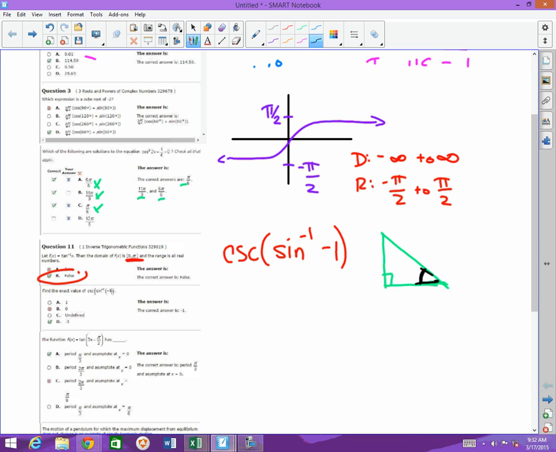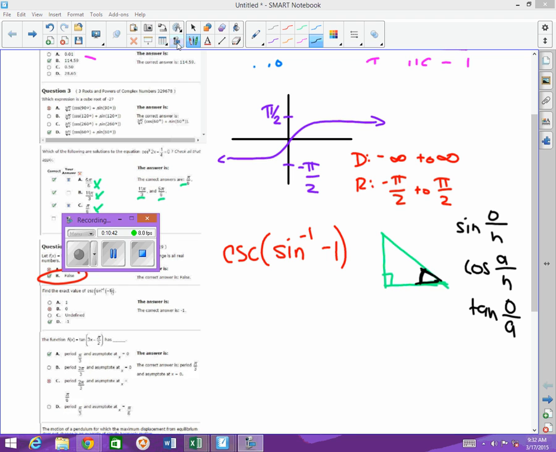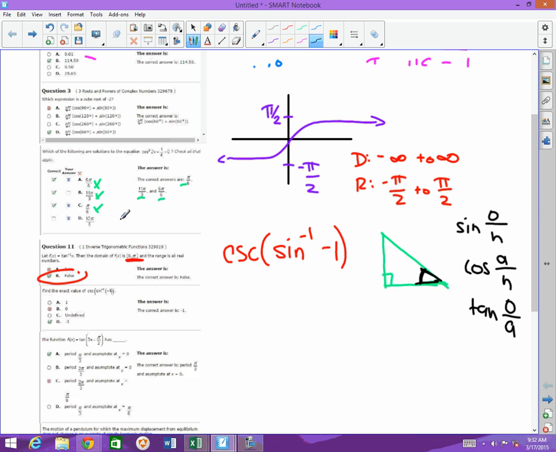It doesn't matter which of these two angles you pick, as long as you understand that sine is opposite over hypotenuse, cosine is adjacent over hypotenuse, tangent is opposite over adjacent. And similarly, cosecant is hypotenuse over opposite, secant is hypotenuse over adjacent, and cotangent is adjacent over opposite. Those things you should always know.